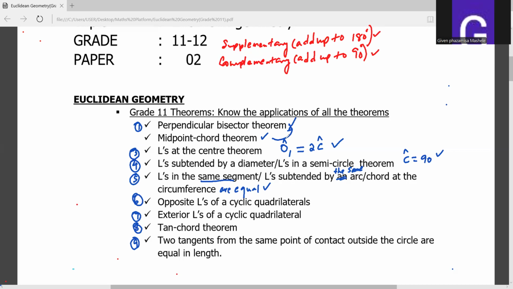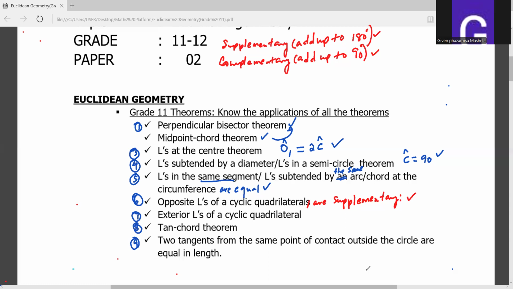According to this, the opposite angles of a cyclic quadrilateral are supplementary, and this is one of the easiest when you are proving it for examination. And it's one of the examinable theorems, especially in grade 12.